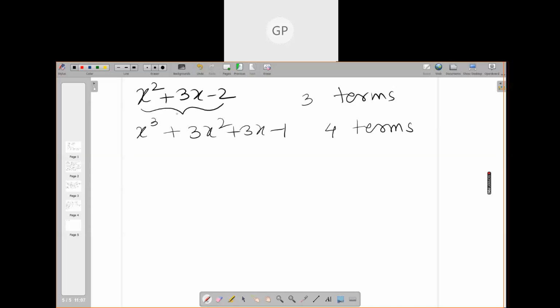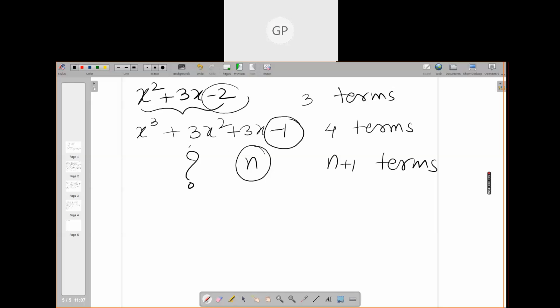So tell me, if I have n plus 1 terms, what will be the degree of the polynomial? N will be the degree of the polynomial because there is always a constant, right? Yes, ma'am. The constant may be 0, some of the coefficients in between may be 0. That can happen. I just gave this as an example to understand that if no coefficient is 0, you have 3 terms.